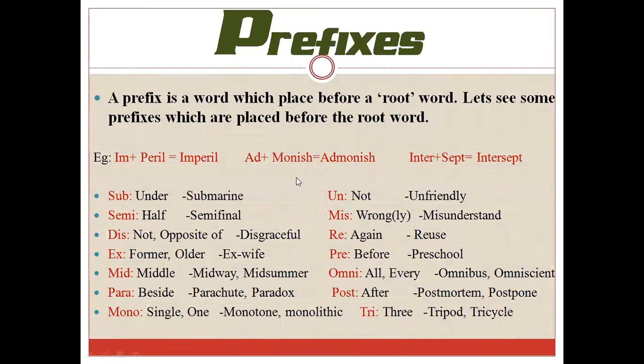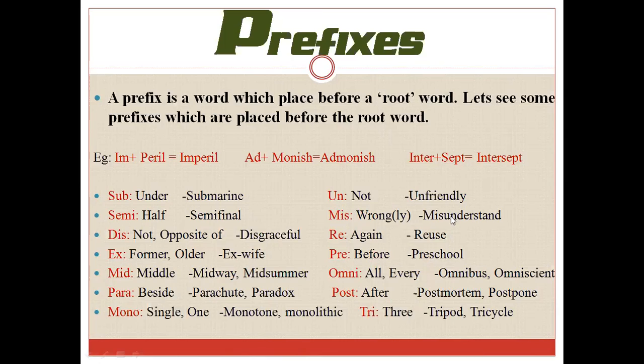And when it comes to prefixes too, sometimes they'll give you peril and ask you to add a prefix to this one. Then you should add im, which is pronounced as imperil. So we're going to get a new word. And this is how they actually ask you at the time of examination. And also sometimes they'll give you one of these prefixes and ask you to add a root word to that. So for example, they give you the prefix miss and ask you to add a root word.